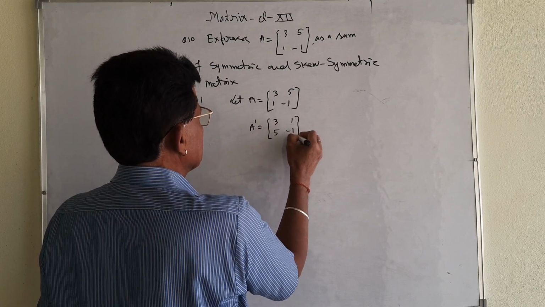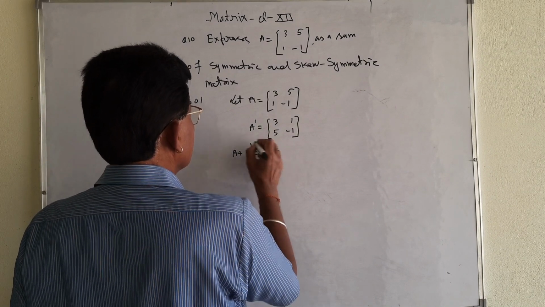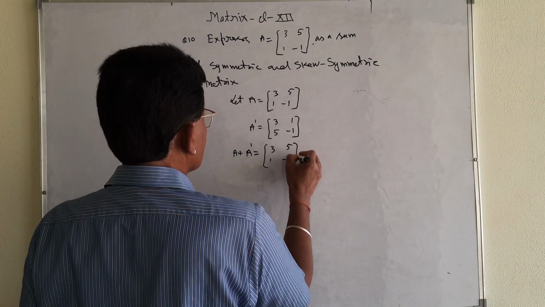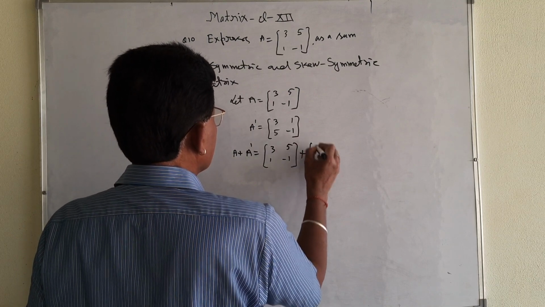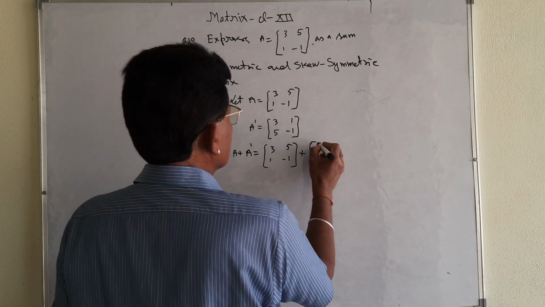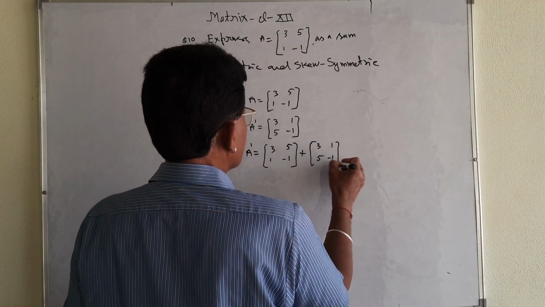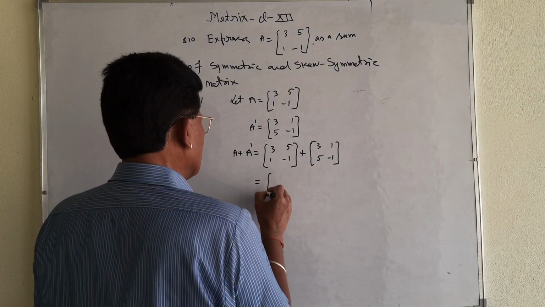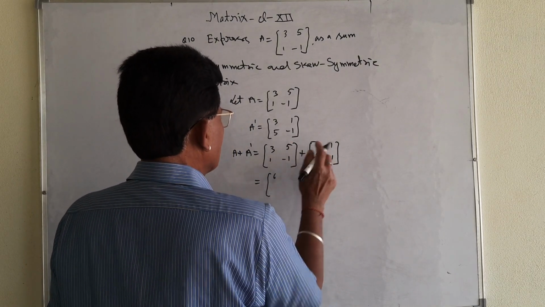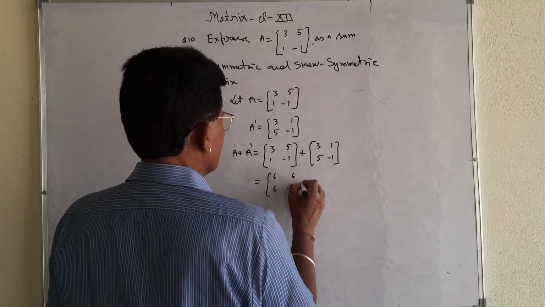A plus A transpose is the matrix 3, 5, 1, -1 plus 3, 1, 5, -1. You add the corresponding elements only. 3 plus 3 is 6, 5 plus 1 is 6, and -1 plus -1 is -2.